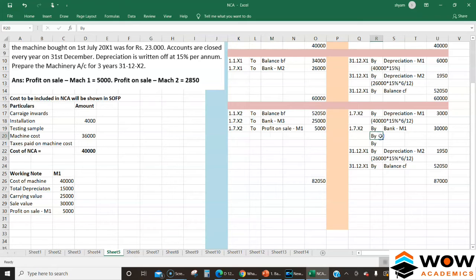That's the concept here. What we still have is the depreciation that we have to provide for machine 2. We leave one line space for clarity. Machine 2 is used for the full year.